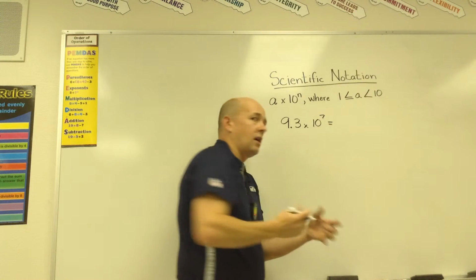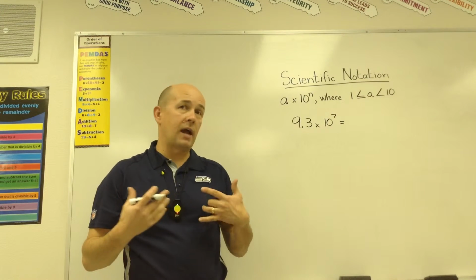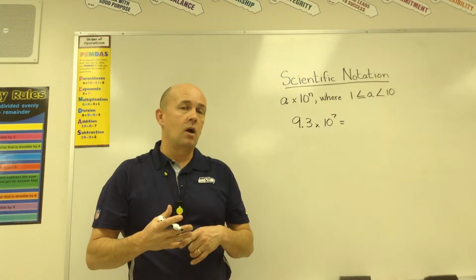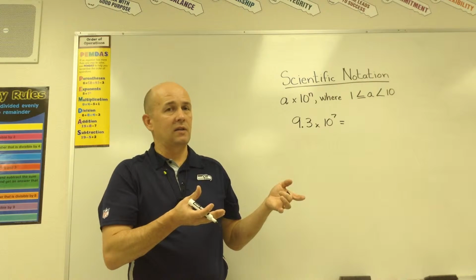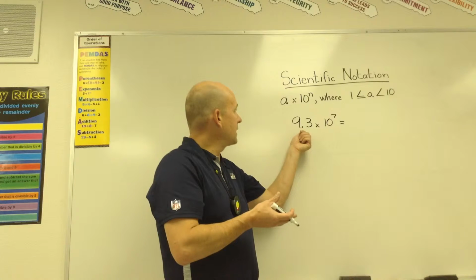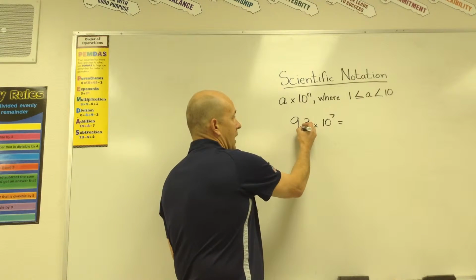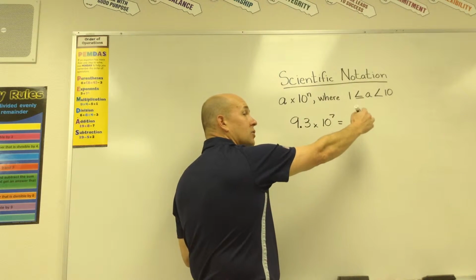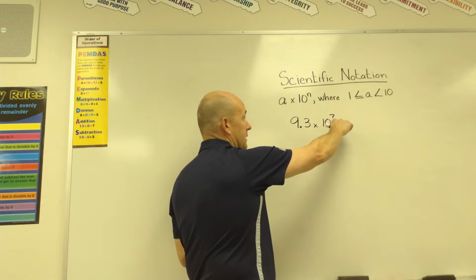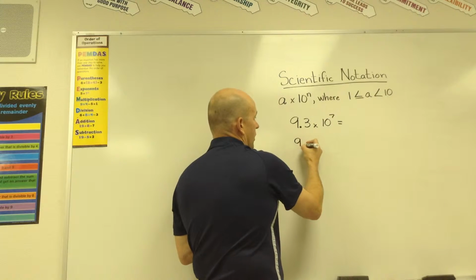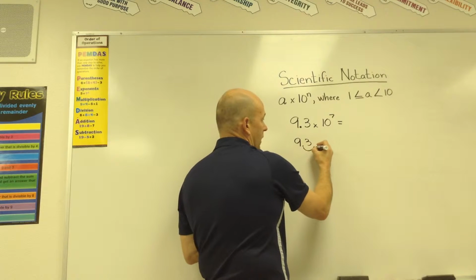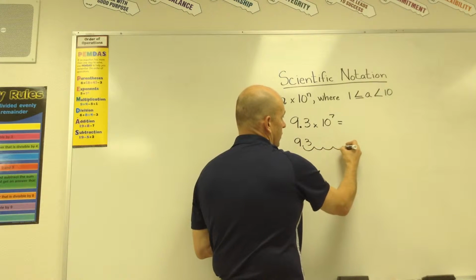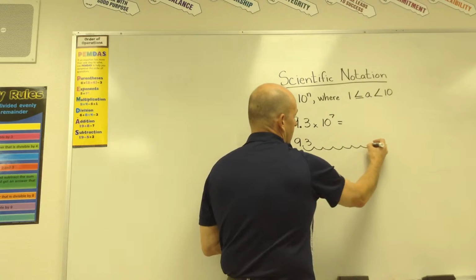And you're saying to yourself, what is 9.3 times 10 to the 7th? Well, we have to undo what we did to get it into scientific notation. In other words, we're going to take that decimal point that's after the 9 and we're going to move it back to where it was, 7 places. So if I start with that 9.3 here, and I move that decimal point 7 places, there's 1, 2, 3, 4, 5, 6, 7.